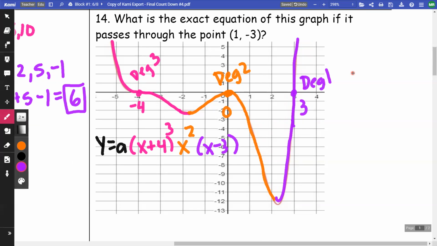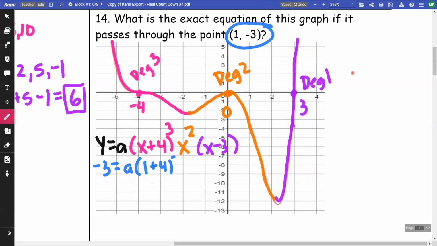And then I'm going to take the point that they want it to go through, and I'm going to put it into my equation for x and y. So -3 is equal to a times 1 plus 4 cubed times 1 squared times 1 minus 3.